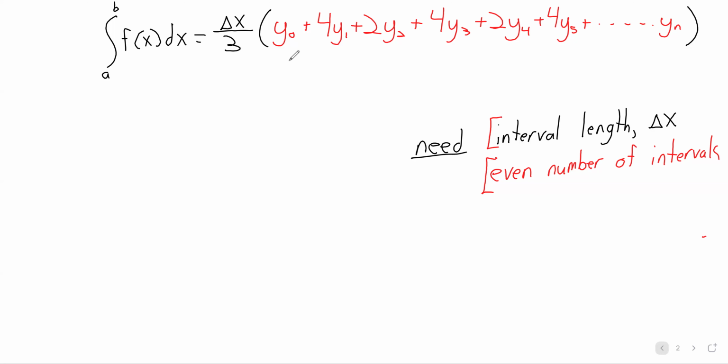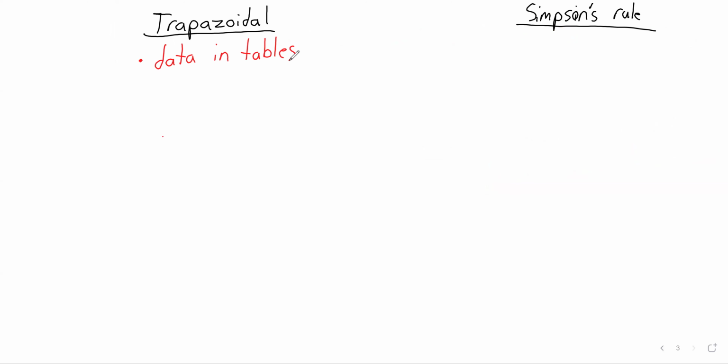And Simpson's rule, unlike the trapezoidal rule, will just totally break down if you miss an observation. And the midpoint rule doesn't work just because if you have data on the table, you don't have the midpoints. You have the data that you have. So the trapezoidal rule is very good in that real world use case.